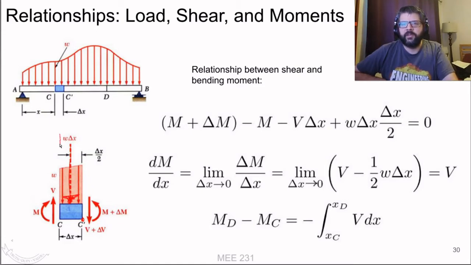The magnitude of that is going to be w delta x. And then the moment arm, the distance over which it acts, is going to be delta x over 2. And from here to here, that's going to be counterclockwise rotation, so that one will be positive.